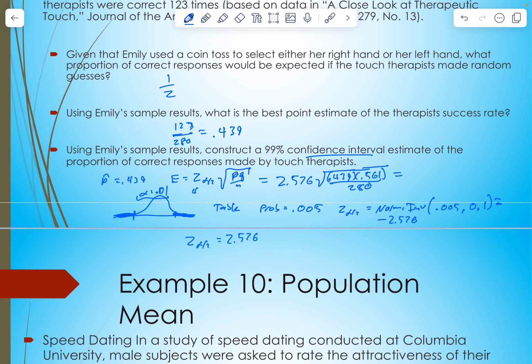I'll go ahead and put that in. 2.576 times the square root of 0.439 times 0.561 divided by 280.